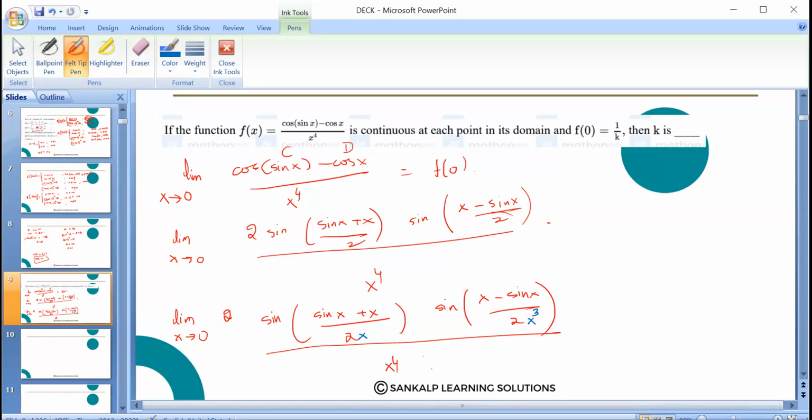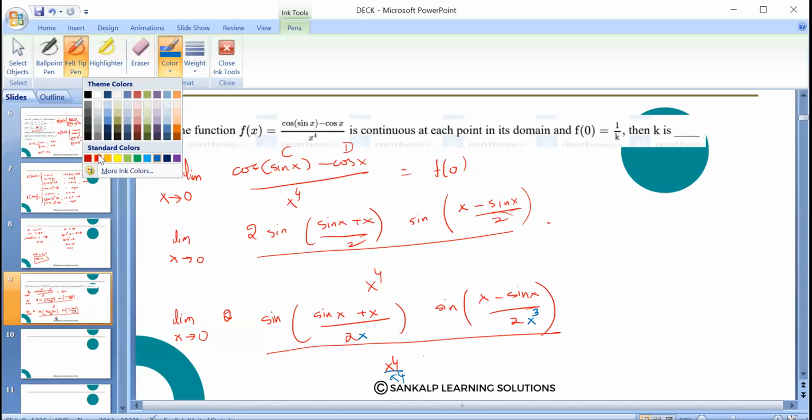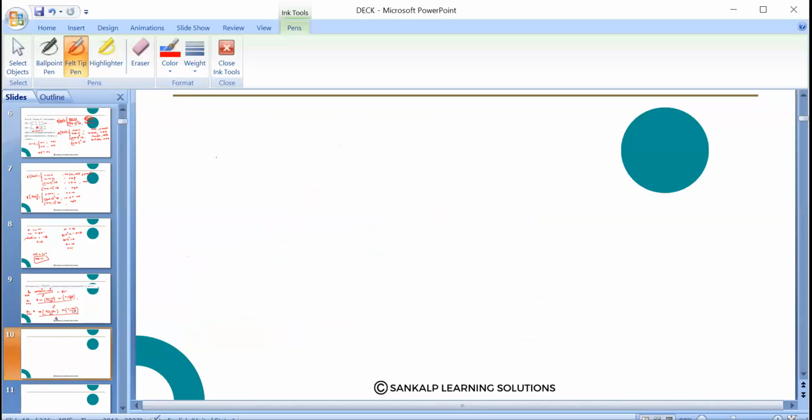Numerator, I have divided by x power 4, denominator, I am dividing by x power 4. Then the limit becomes limit as x approaches 0, 2 into sin of x plus sin x by 2x.